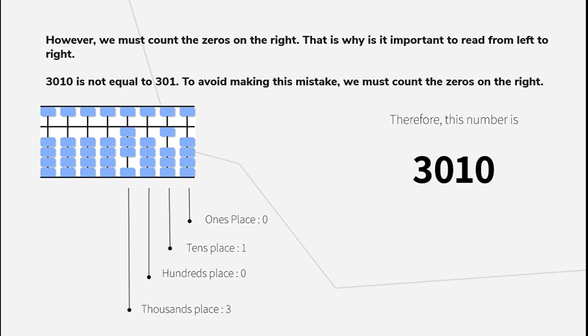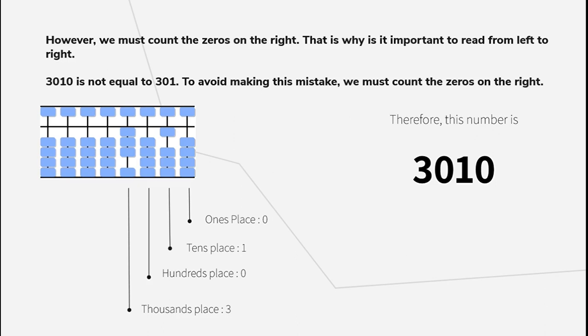I have to count the zeros whenever it is between two non-zero digits, like over here 3 and 1, or when it is on the right of another number like the number 1 in this case, I have to count the 0 here. This is because if I don't count the zeros in 3010, the number becomes 31, which is another number entirely. Therefore, the lesson here is that I must count the zeros that are important to the number.